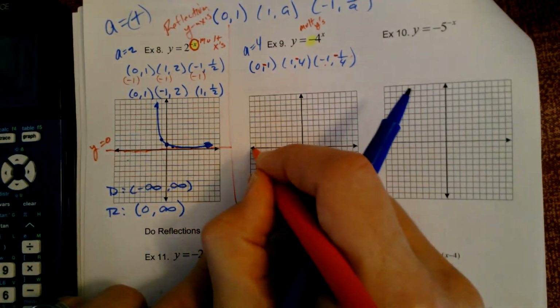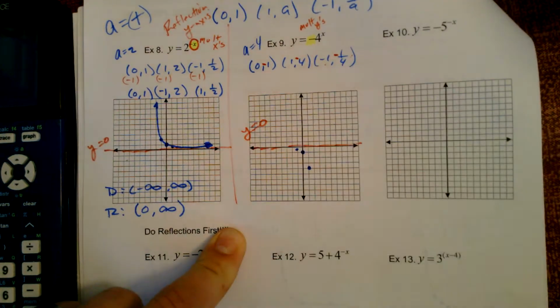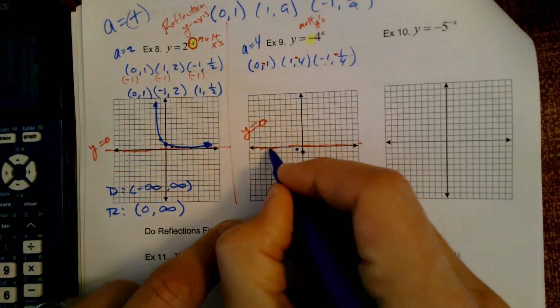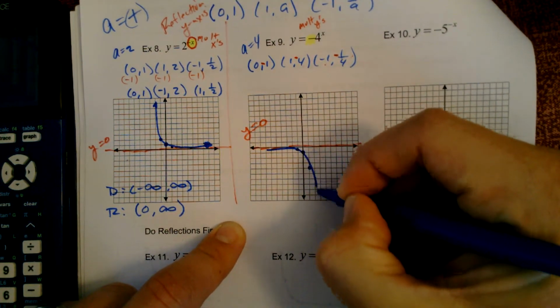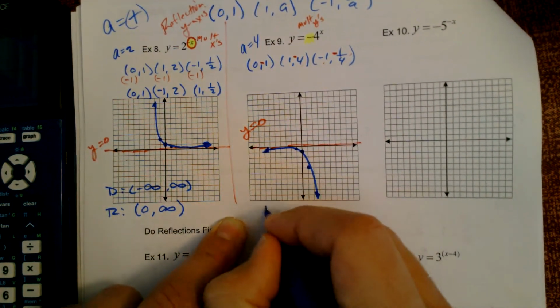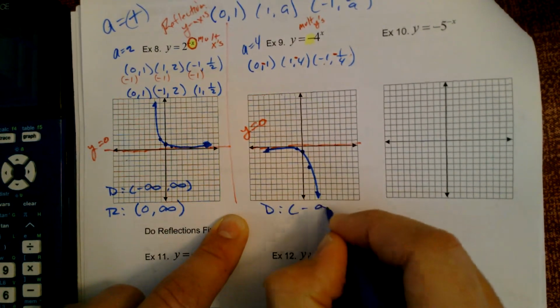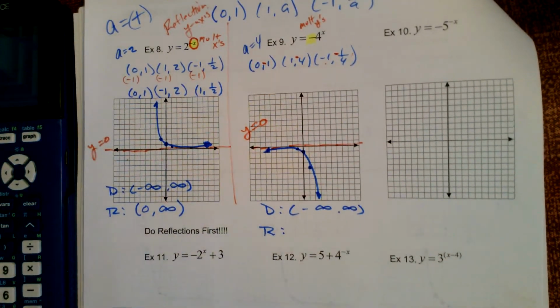Your asymptote is still at y equals 0, but now it starts here, and it works its way away from the asymptote. It goes down. It's yelling timber. You better move. You better dance.